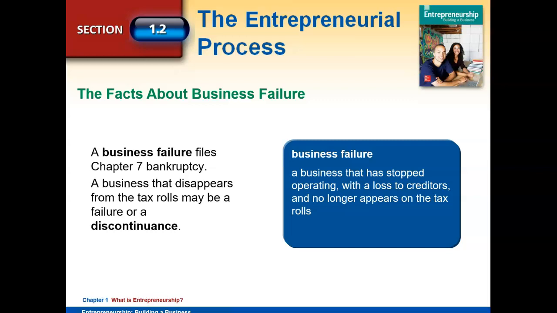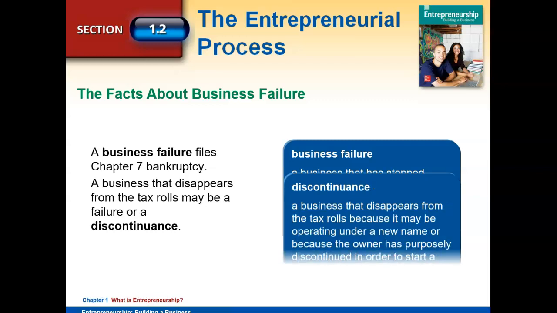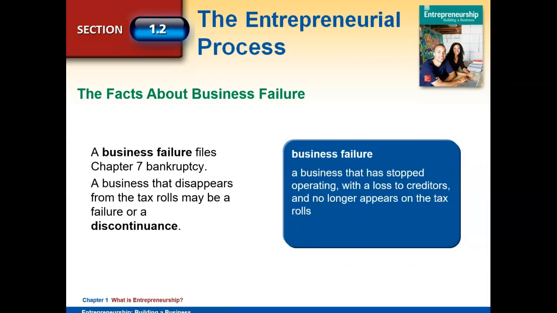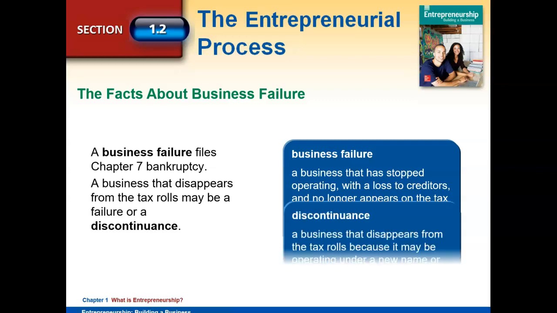The creditors, i.e. the bank most of the time, or the bondholders, and we'll talk about that in another chapter, are attempting to collect money they are owed by taking assets and selling them to someone else. The business is liquidating and will no longer exist. And that's a business failure.